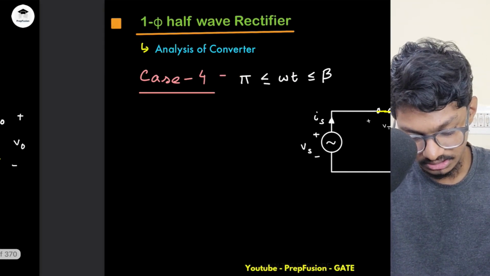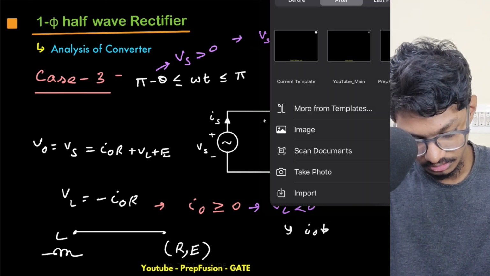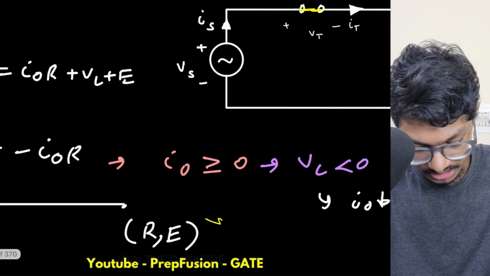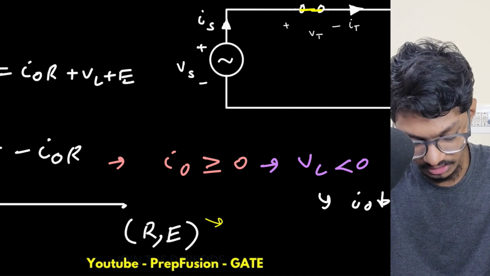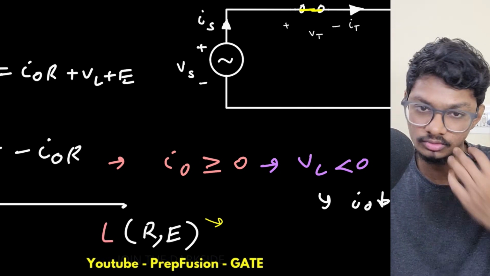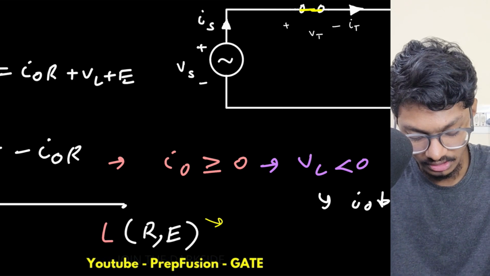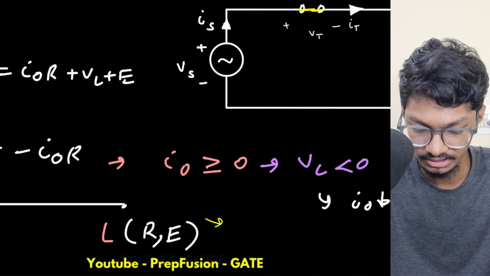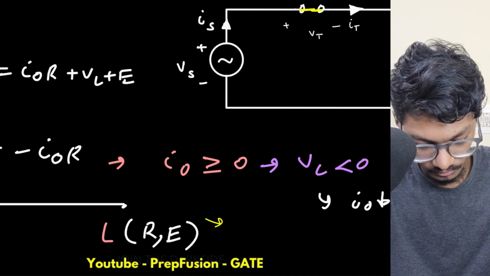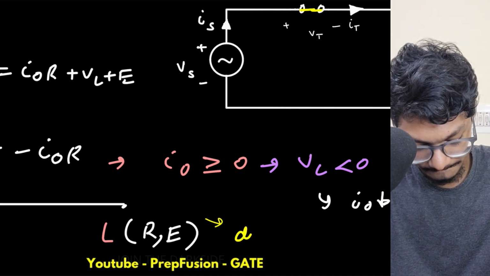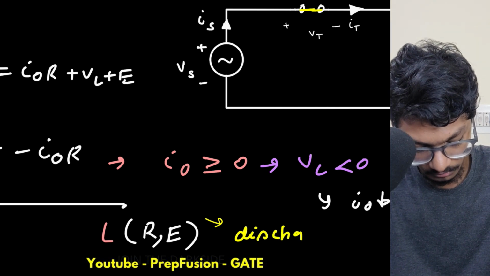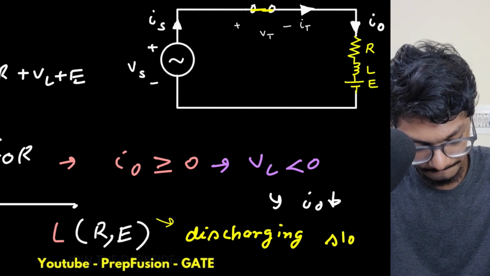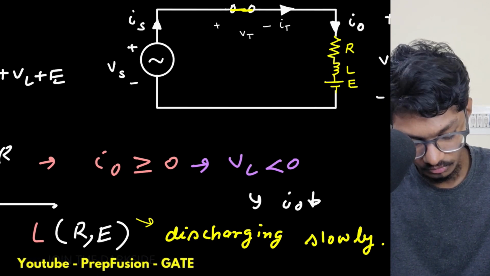So it will discharge, but it will not discharge super fast, because it is giving energy to the resistor and the battery. So what I can say is it is discharging slowly.